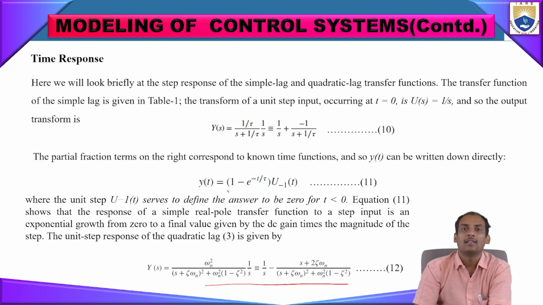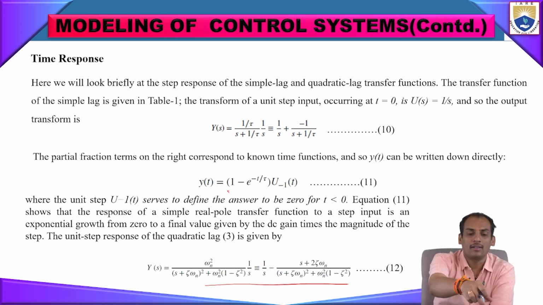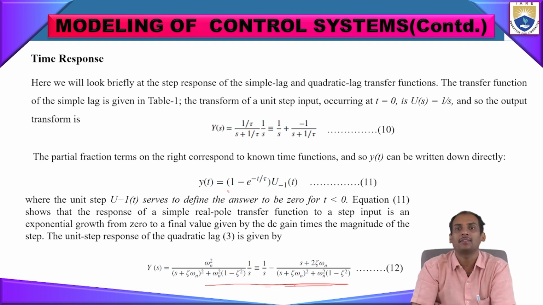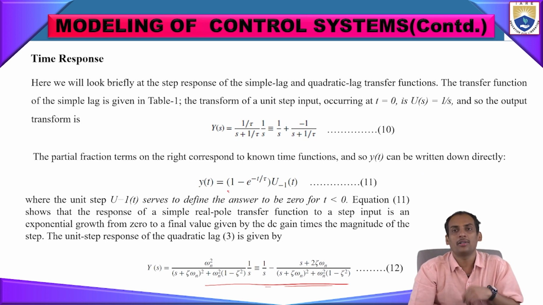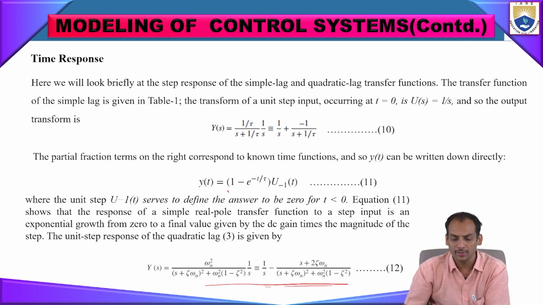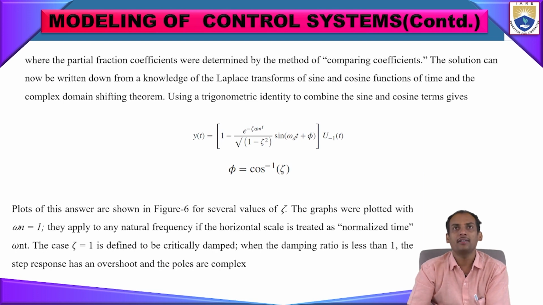That transfer function is again converted into partial fractions, where the coefficients are determined by the method of comparing coefficients.